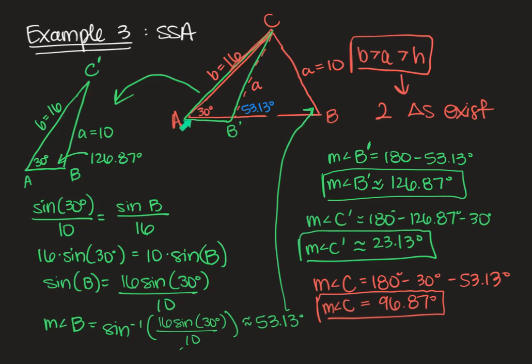And to solve for the full length of C in the red triangle, again, you can use law of sines using the measurement of angle C that we just solved for. So again, feel free to take the time to do that, but next class I'll show a full worked out example for when two triangles exist.